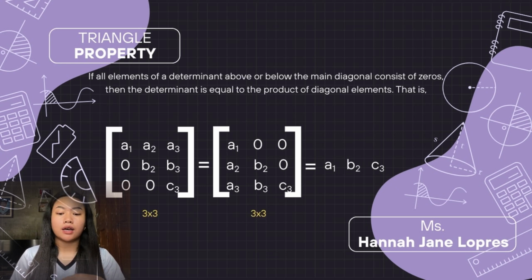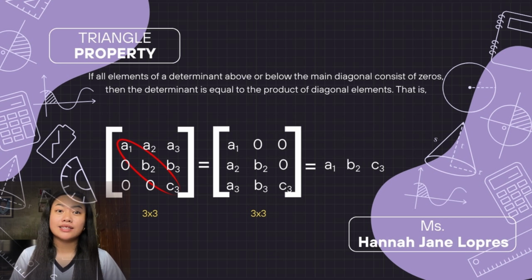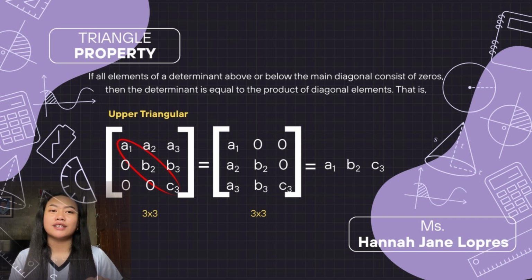We will talk about the first one. If all of the elements below the diagonal A sub 1, B sub 2, and C sub 3 are 0, then this is the upper triangular matrix.